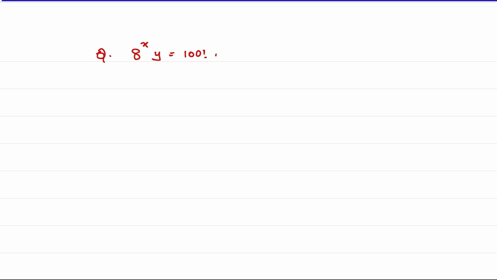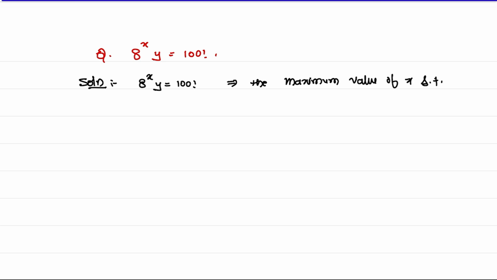We need the maximum value of x, because there should not be any multiplicator in the form of x for factorial 100, so that 8 to the power of x into y is equal to factorial 100, where x is an integer to be found out.